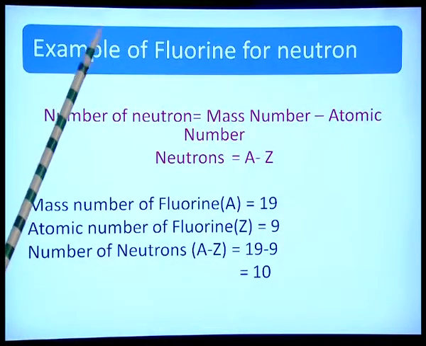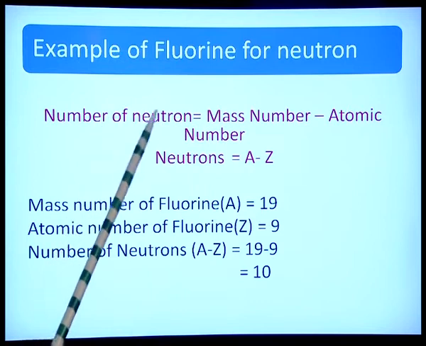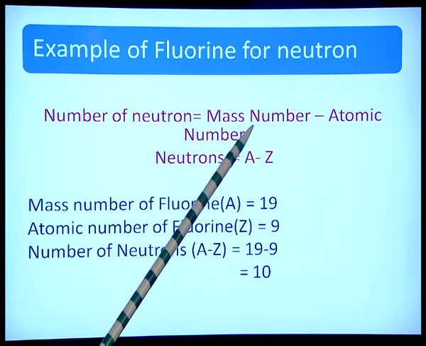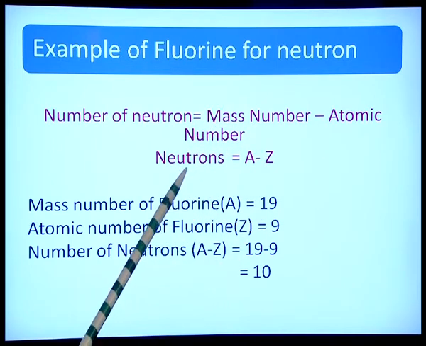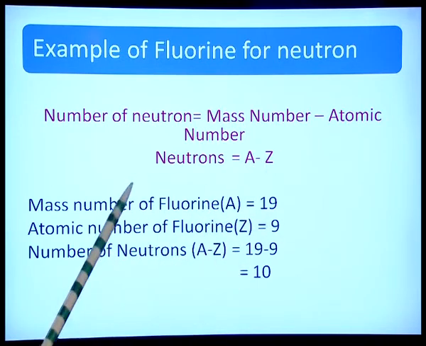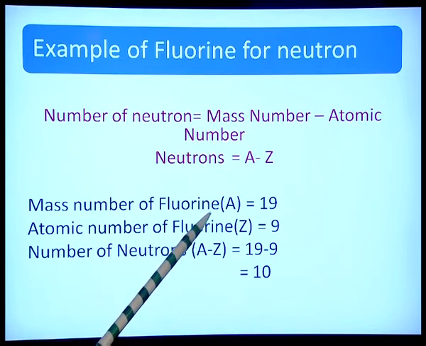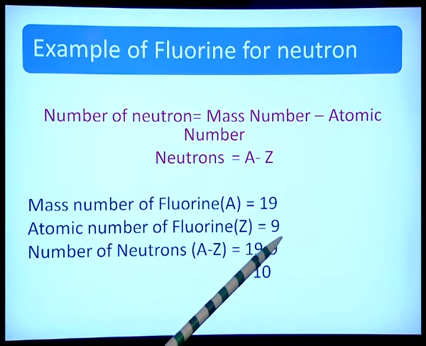Now we take an example of fluorine for calculation of neutrons. The number of neutrons in an element is the mass number minus the atomic number. Neutrons is equal to A minus Z. So, for the element fluorine, the mass number of fluorine is 19, the atomic number of fluorine is 9.